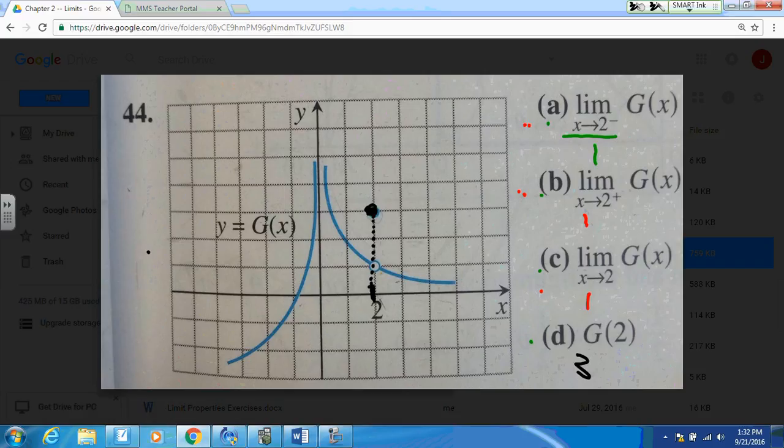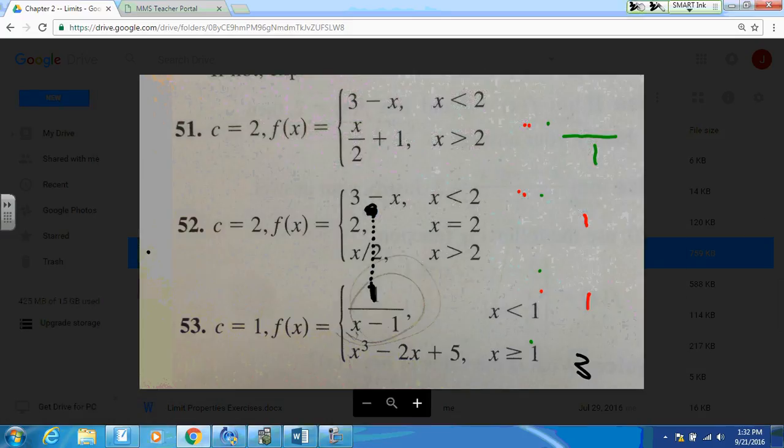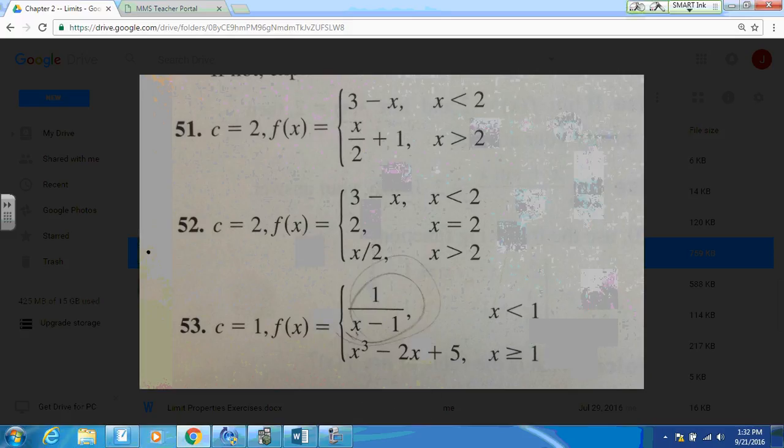All right, let's take a look at number 51. In number 51, we are given a piecewise function, and we are asked to evaluate the limits from the left and right as x goes to 2. So I'll do the limit from the left over here.